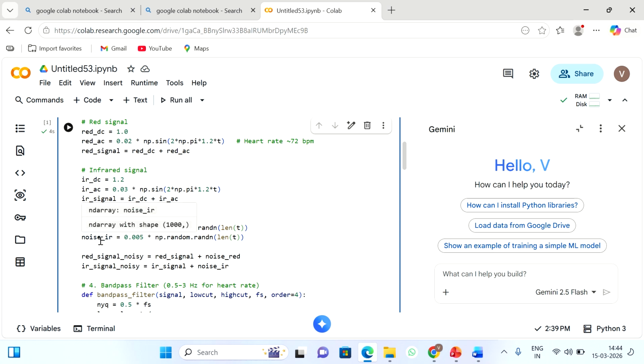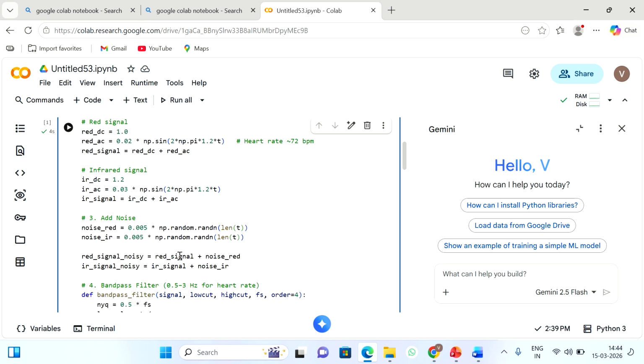Then noise is added. Red_signal_noisy is equal to red_signal plus noise_red, and then IR_signal_noisy is equal to IR_signal plus noise_IR. Now the signals look more realistic.